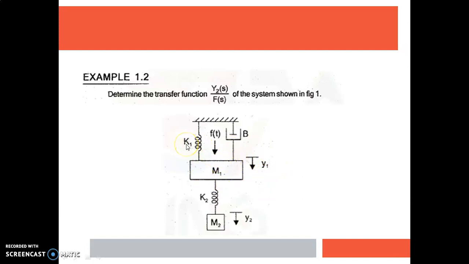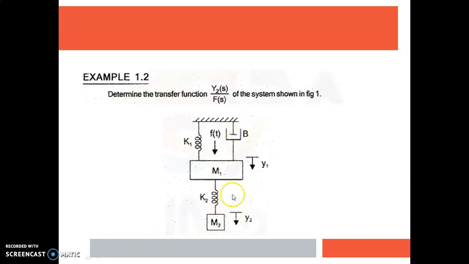Sorry, regarding k1, Fk1 is k1 into y1, because here the displacement is y1. And for the dashpot, the opposing force Fb is equal to B into dy1 by dt.